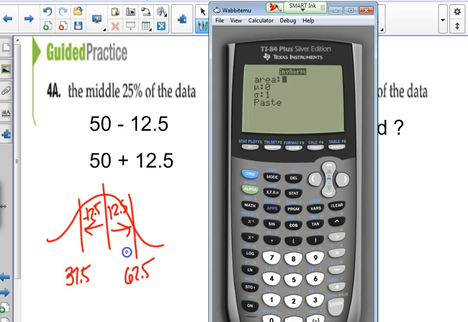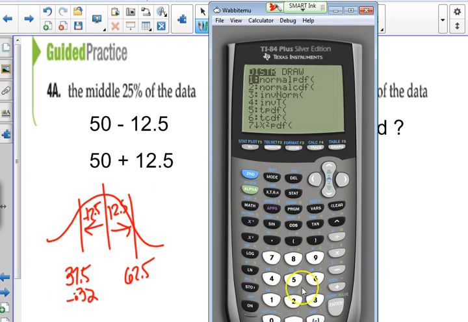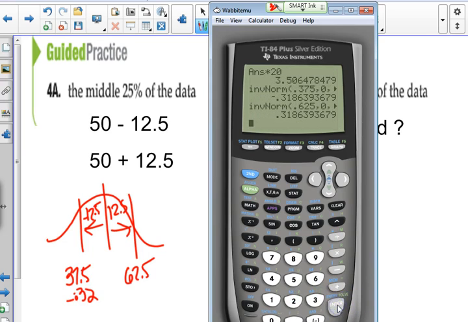So if we put in 0.375 here, I think that would tell us a z-score of negative 0.32. And we should get the positive if we put in the other, 0.625, is positive 0.318. So the middle 25% would fall in between these two z-scores.